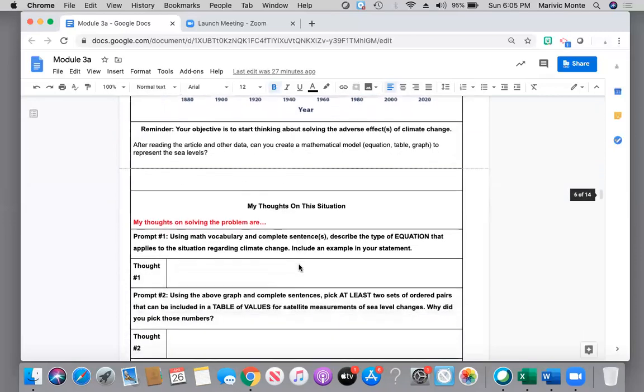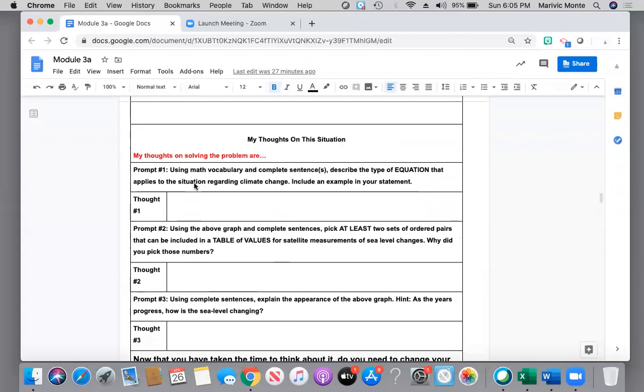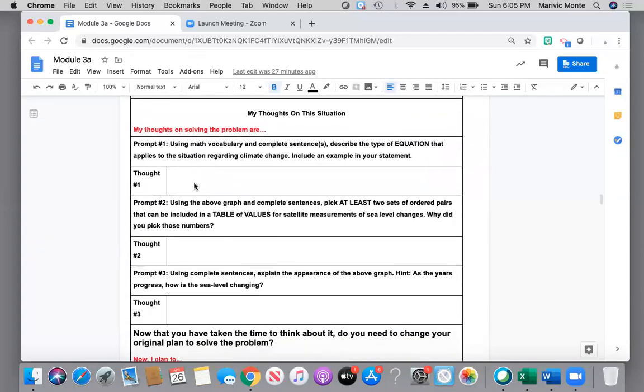So scrolling down, you will answer each of these prompts. You have 3 prompts. And the first one says, using math vocabulary and complete sentences, describe the type of equation that applies to the situation regarding climate change.